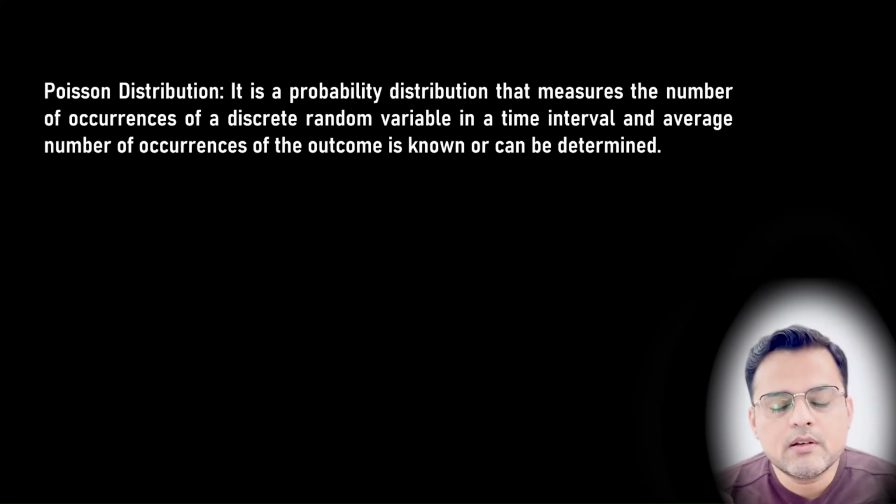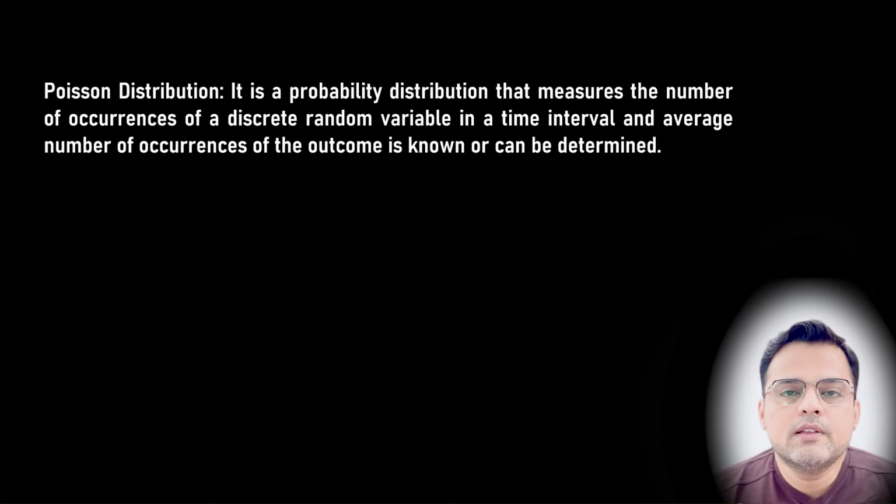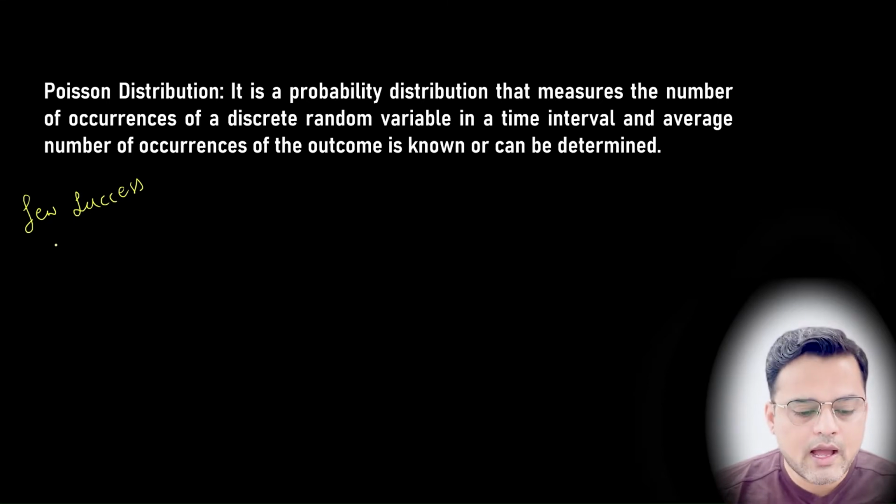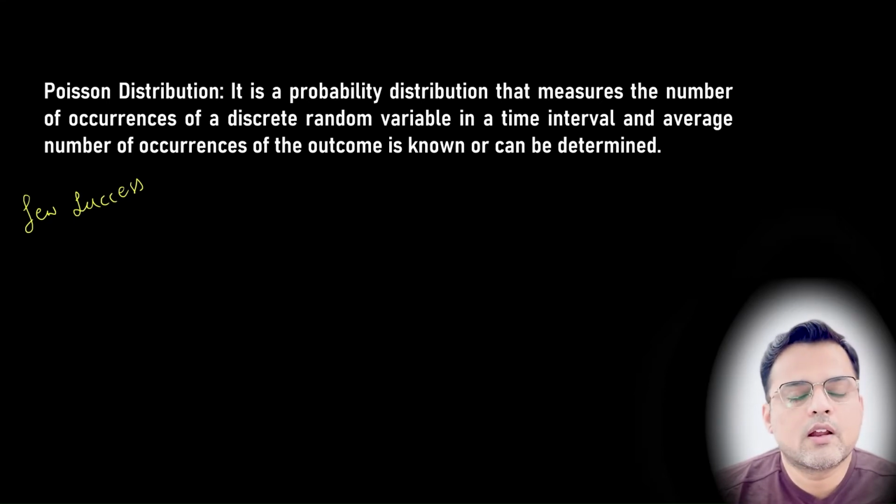Poisson distribution occurs in those situations where there are very few successes against a large number of failures, or a small number of failures against a large number of successes, and has single independent events, and here also the events are mutually exclusive.